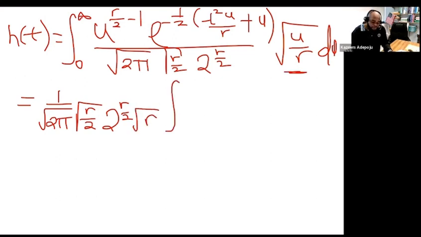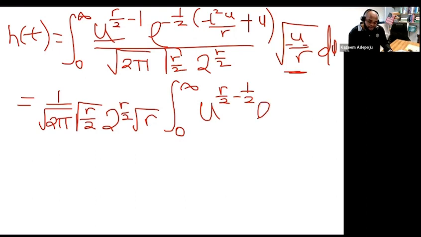Then I'm going to be left with the integral from 0 to infinity. Take a look at this: that is u raised to the power half, and by the time I add the half to that one, I'm going to have u raised to the power r over 2 minus half. Don't forget there's a half there.